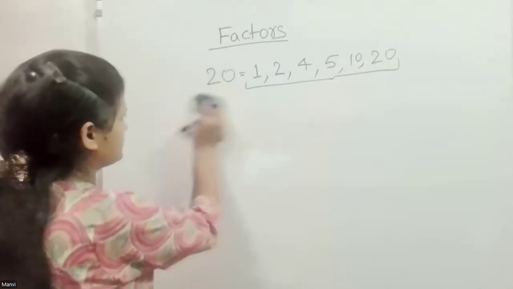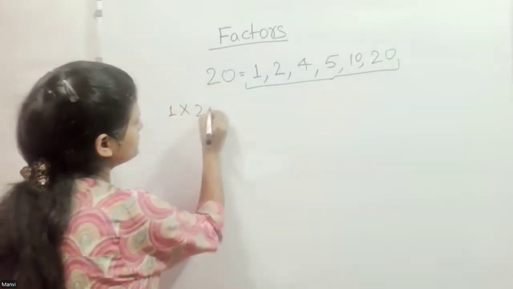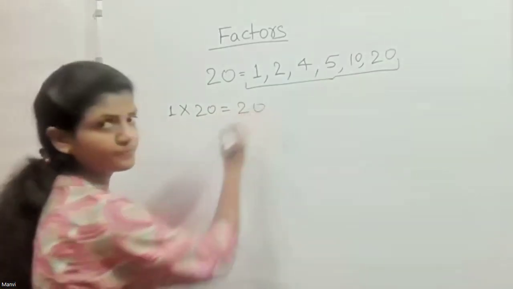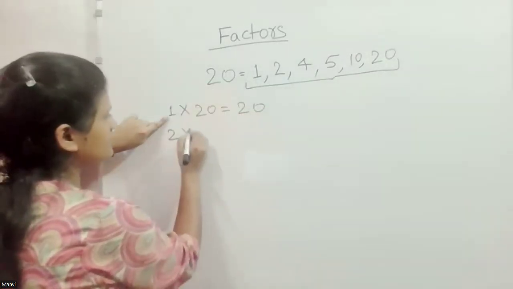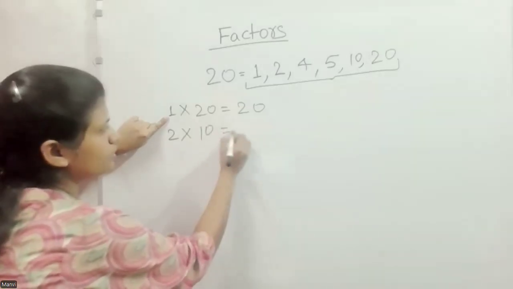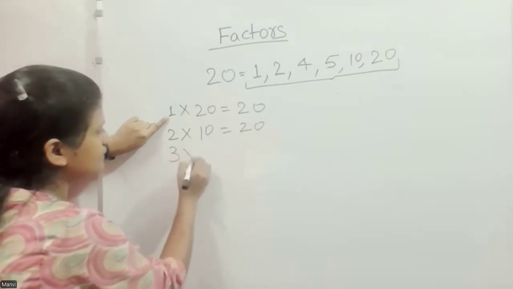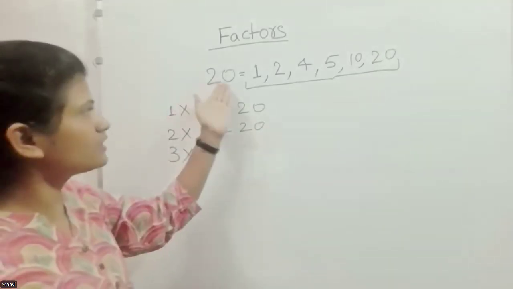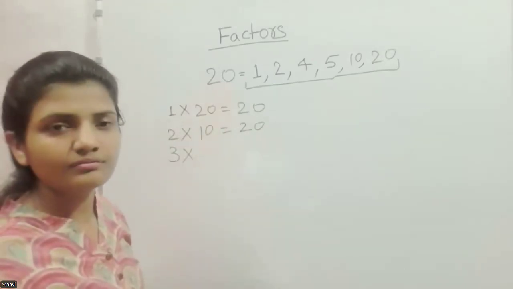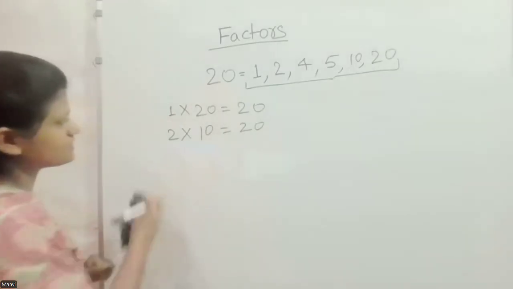Don't write it like that, write like this: 1 multiplied by 20 equals 20. So 1 is a factor. Then 2 multiplied by 10 equals 20. 3 multiplied by any number, does it become 20? No. Is it possible? No. So we don't write it.